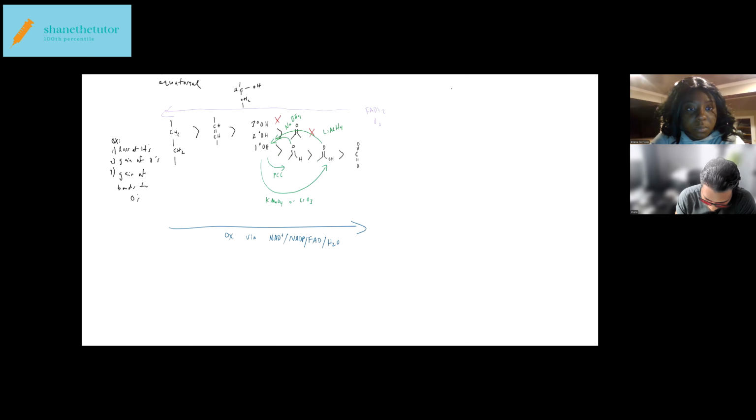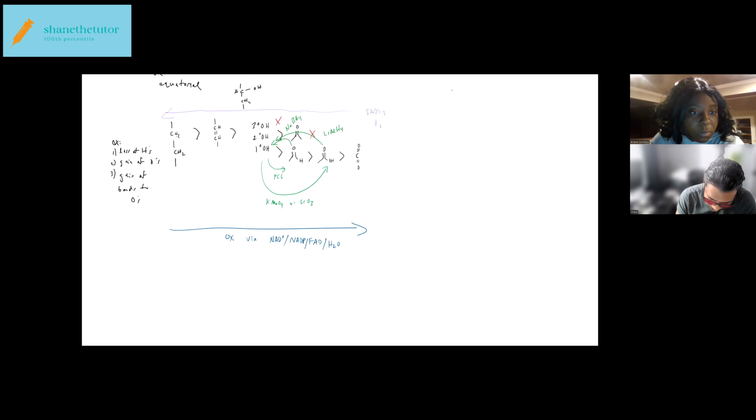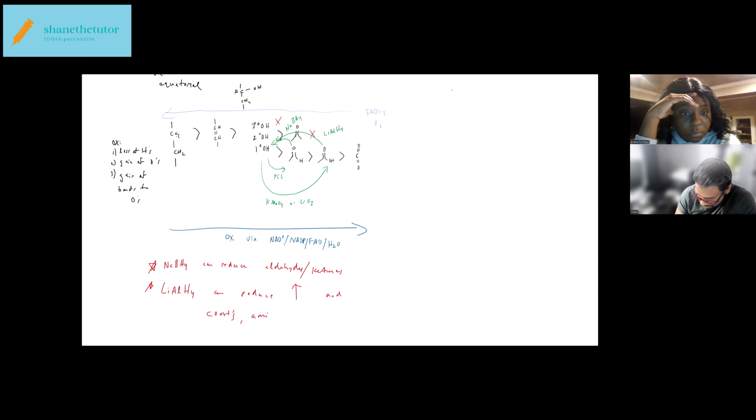So the takeaway here is that sodium borohydride can reduce aldehydes and ketones, but lithium aluminum hydride can reduce aldehydes and ketones and also carboxylic acids, amides, esters, carboxylic acid derivatives.